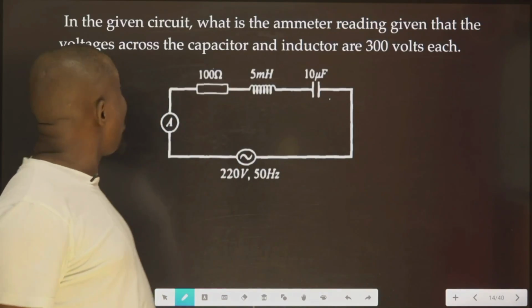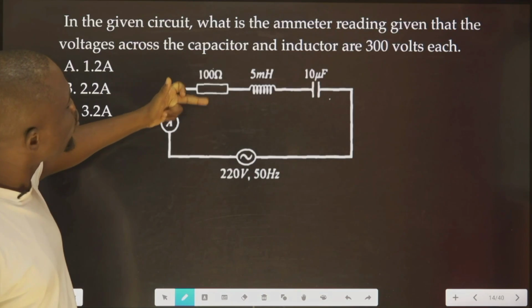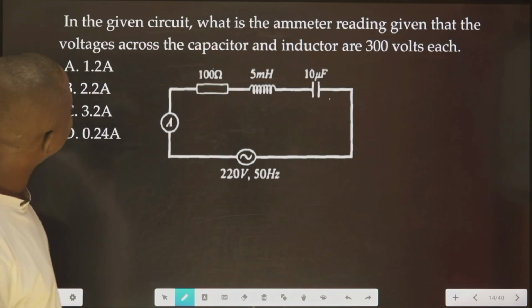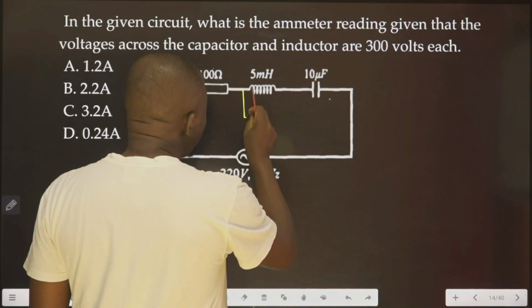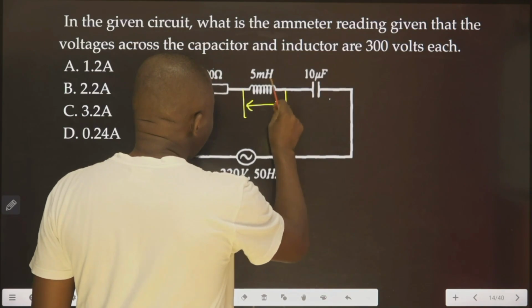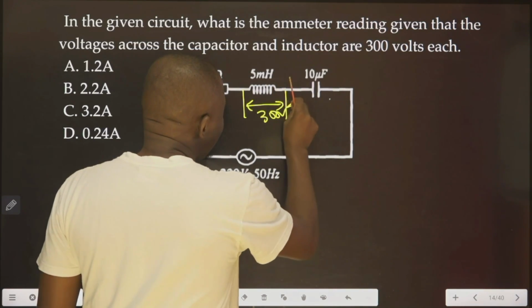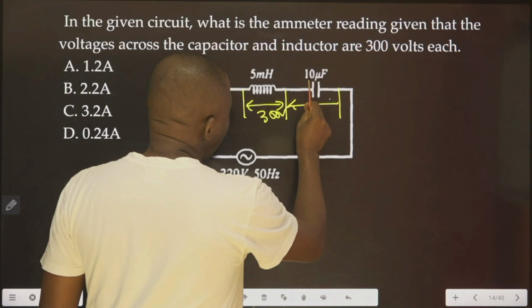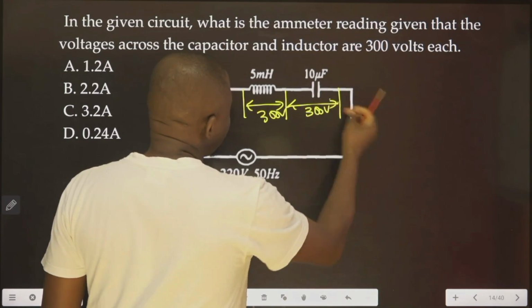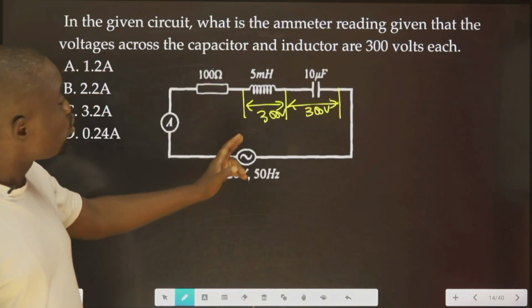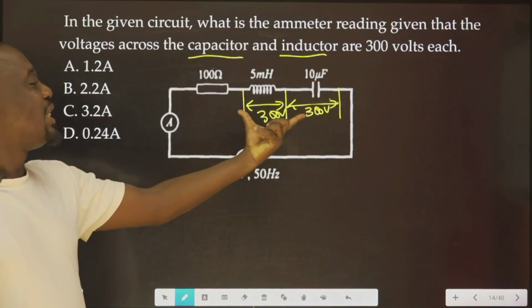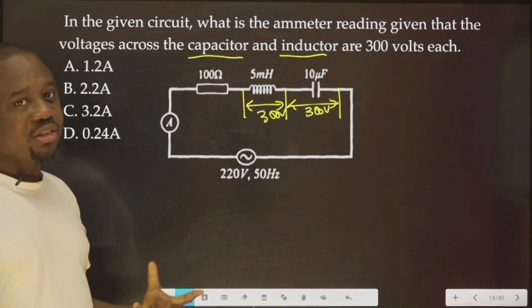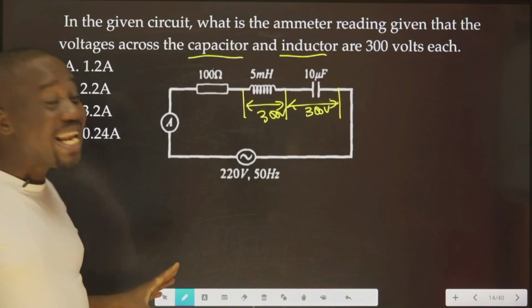Let's look at this. It says, in the given circuit, what is the ammeter reading given that the voltages across the capacitor and inductor are 300 volt each? Here to here is 300. Here to here is also 300. One thing you know is that when it comes to capacitor and inductor, you have to subtract their voltages. They will negate themselves.